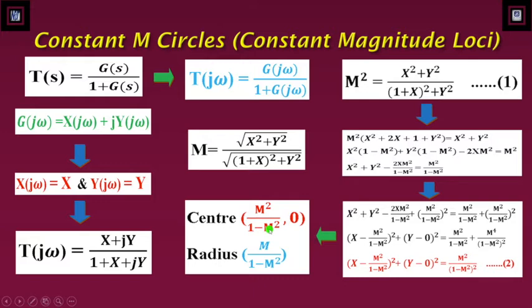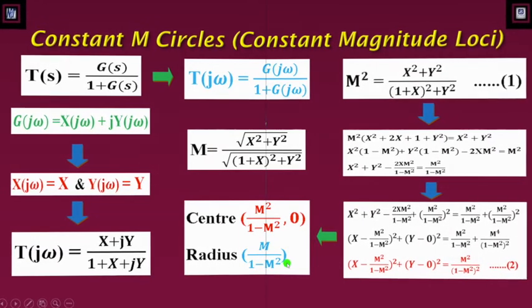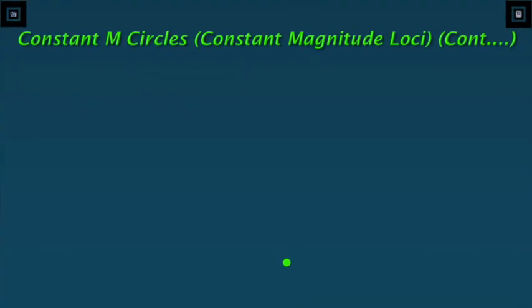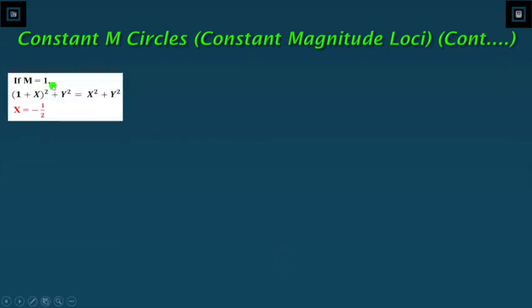That is, the center is m square by 1 minus m square, 0, and radius is m by 1 minus m square. If m equal to 1, the equation 2 is not defined.